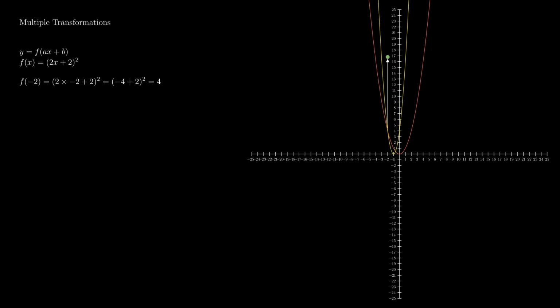This time, let's take an example at f of negative 2. f of negative 2 equals 2 times negative 2 plus 2 all squared. So it's negative 4 plus 2, which is negative 2, then all squared, so it becomes 4. This time the function was horizontally translated by 2 and horizontally stretched by 2.